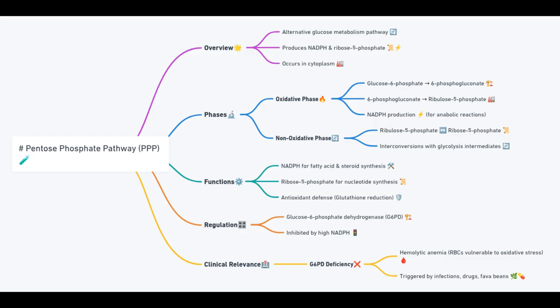So if there's something wrong with it, you cannot produce even the 6-phosphogluconate to ribose 5-phosphate, and then several other issues can also occur.